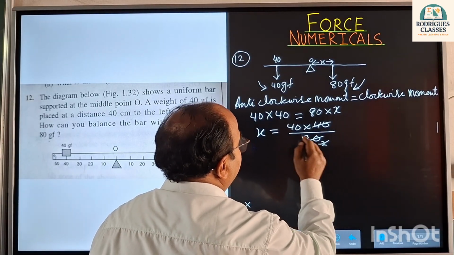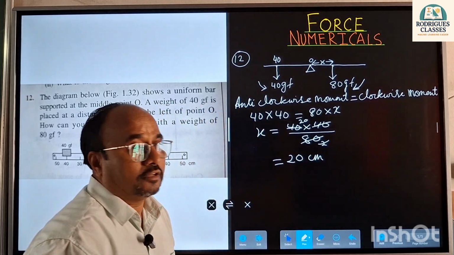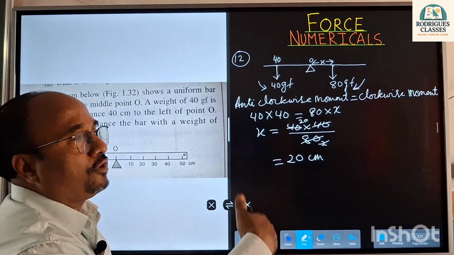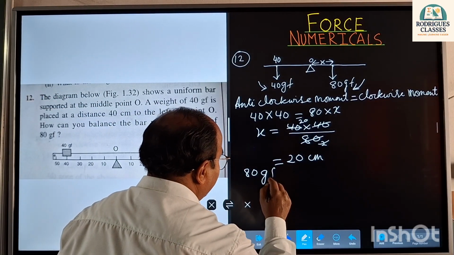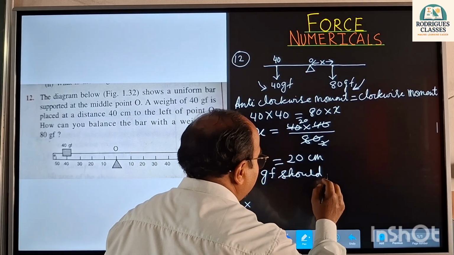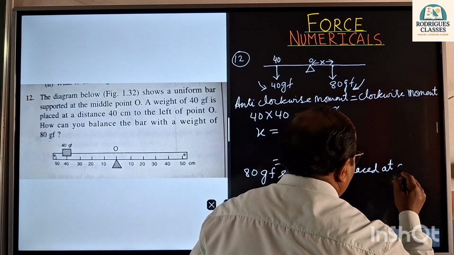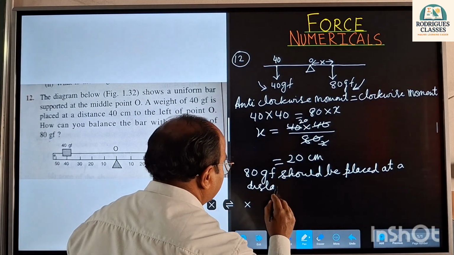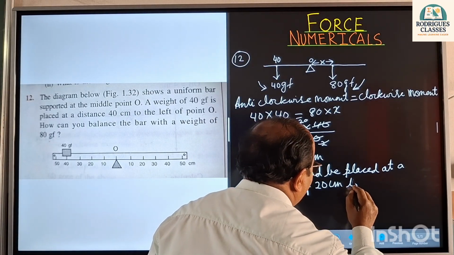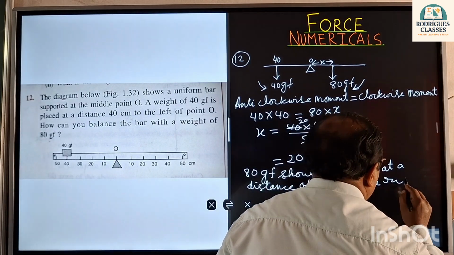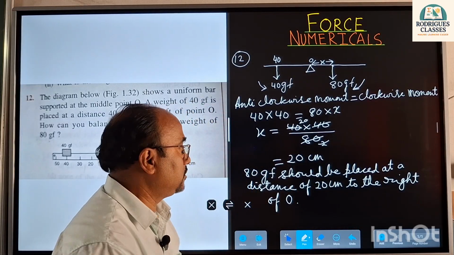So 4 twos are 8, 2 twos are 4, so I get it as 20 centimeter. So from the point O, going towards that side, means towards the right hand side, I will say 80 GF should be placed at a distance of 20 centimeter to the right of O. So this is my answer.